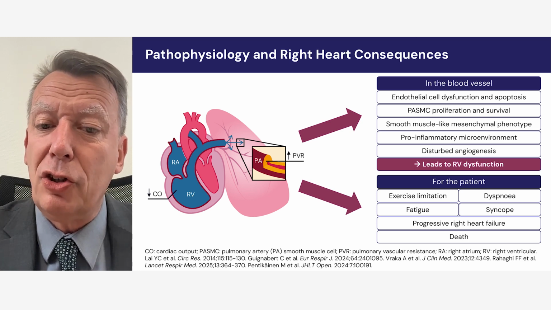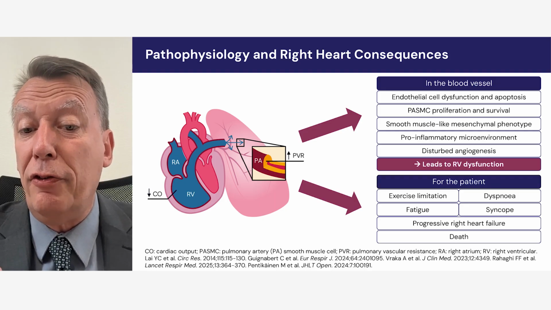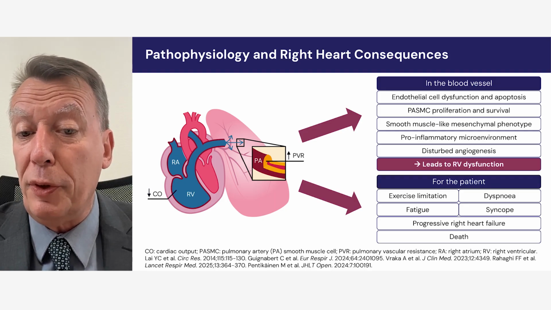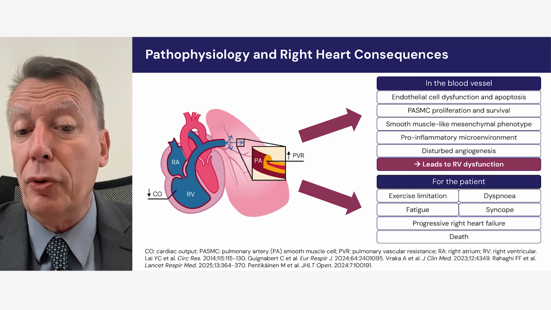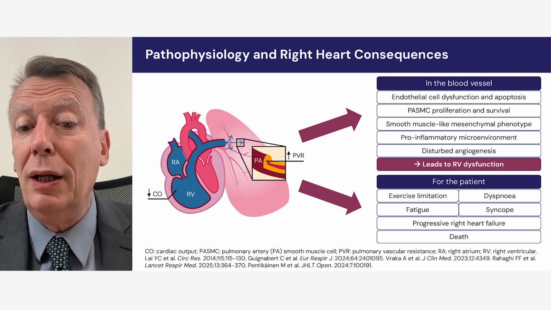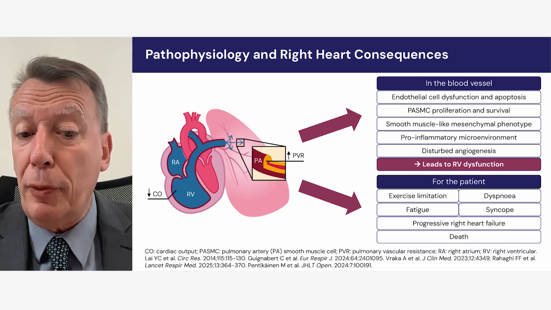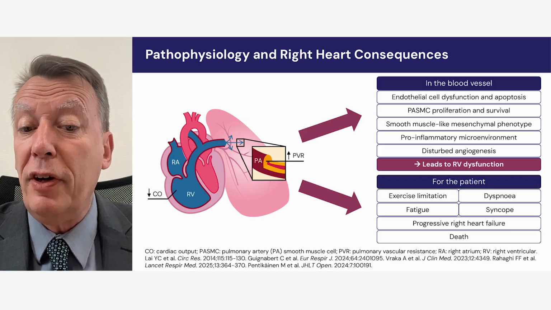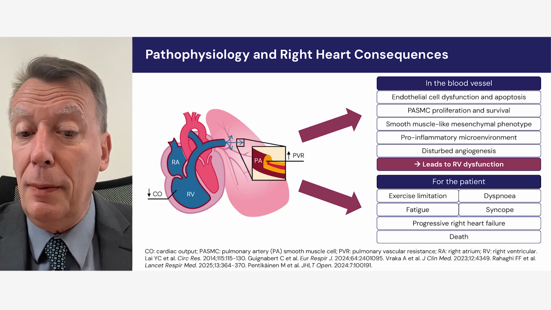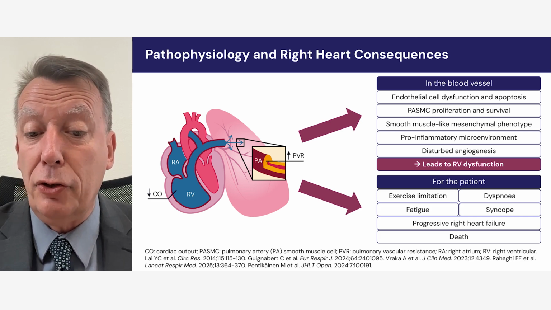All these dysfunctions will lead to remodeling with fixed obstruction of the pulmonary vessels, and it will be a strain on the right side of the heart. So it will lead to right ventricular dysfunction. For the patient, this will translate into exercise limitation, shortness of breath, fatigue, syncope, progressive right heart failure, and death if left untreated.